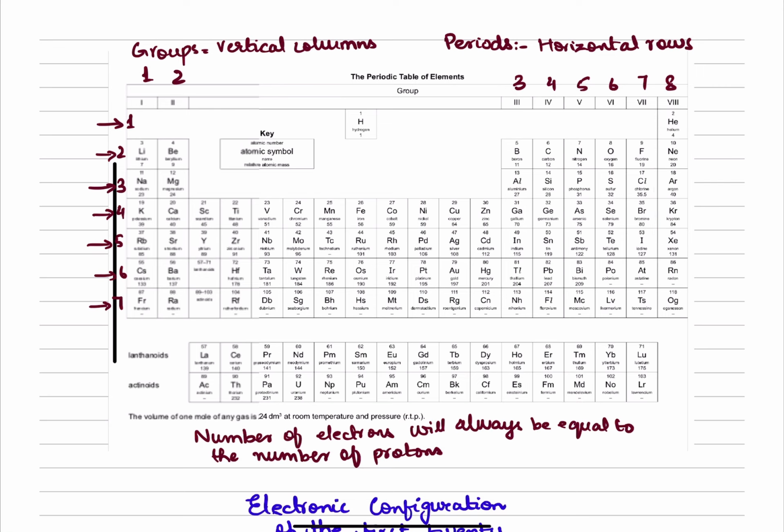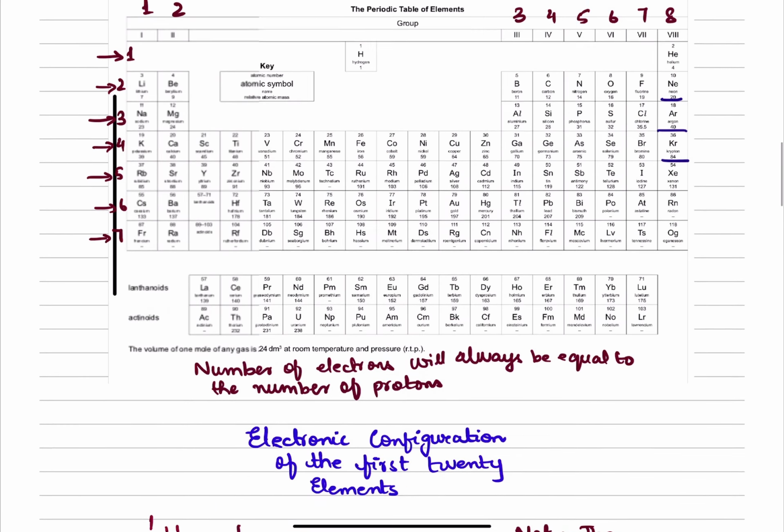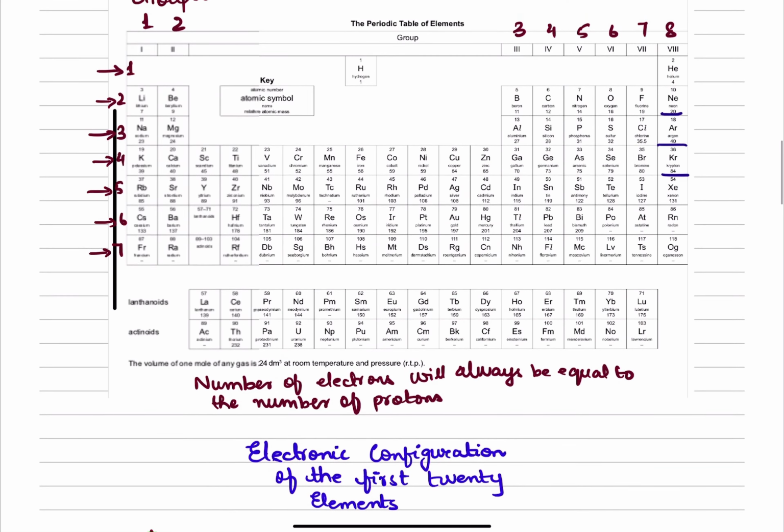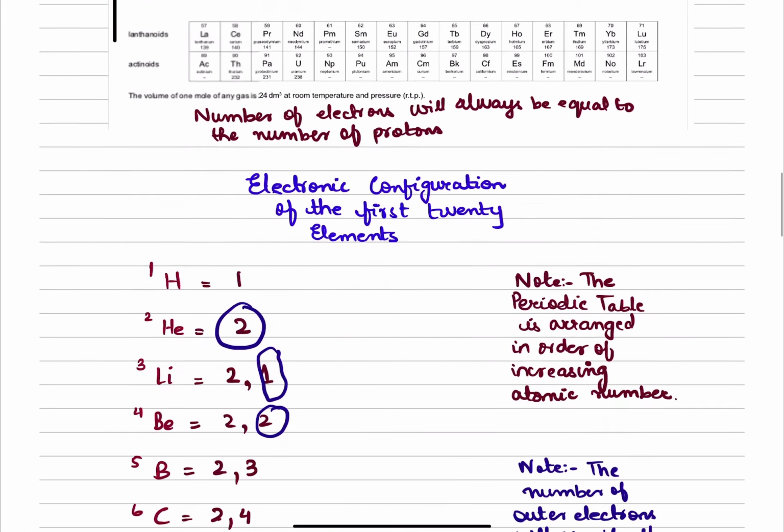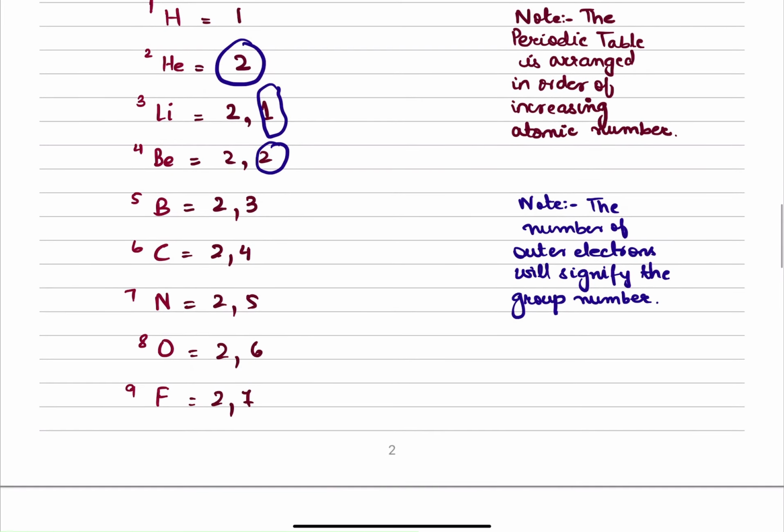Except for helium, all these elements will have an electronic configuration that will end in an 8, because they are in group 8. So their outer shell will have 8 electrons except for helium. Helium is an exception over here. Helium has 2 electrons because it cannot have 8. But other than helium, neon, argon, krypton, xenon, radon will all have 8 electrons in their outer shell, and they have complete outer shells.